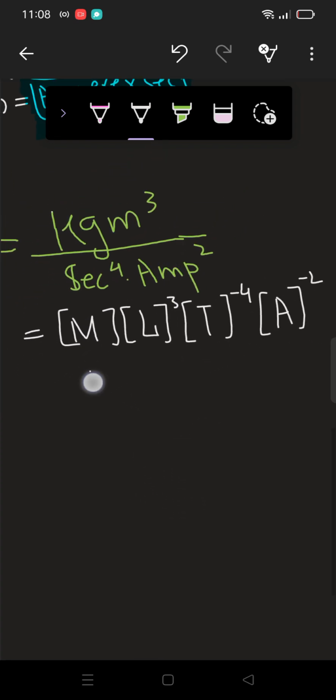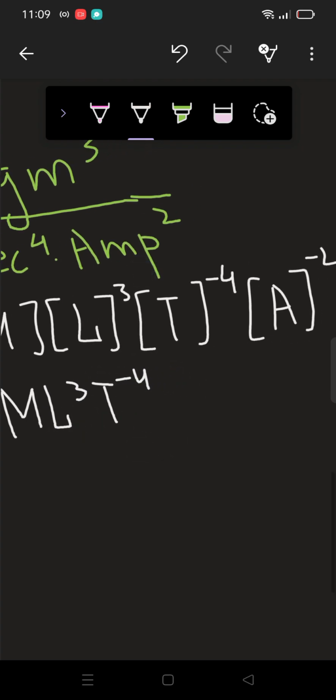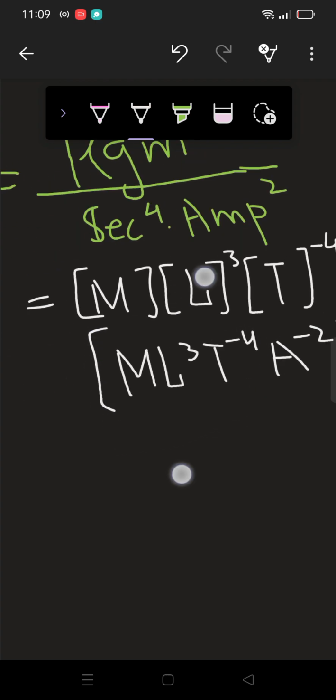So when I combine these all, what I get is M L cube T minus 4 A minus 2. This is the dimension of Coulomb's constant.